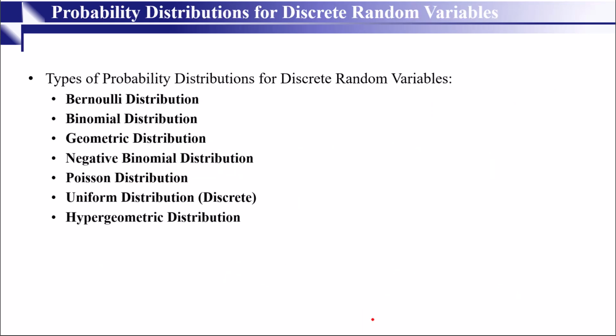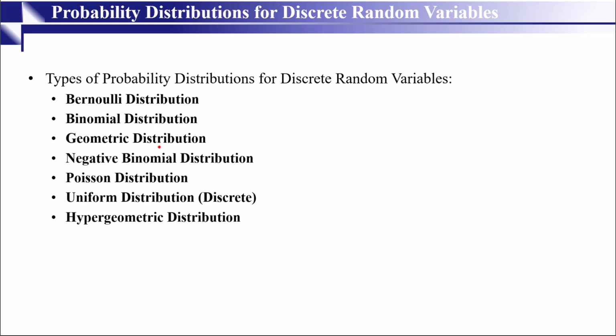We already know that the probability distribution for discrete random variables describes how probabilities are assigned to the countable outcomes of a random variable. Here we have the types of probability distributions for discrete random variables. The first one is the Bernoulli distribution: one trial, success or failure. Then the binomial distribution, counting successes in fixed trials.